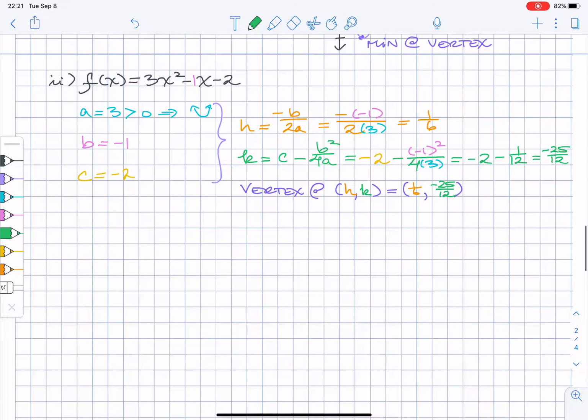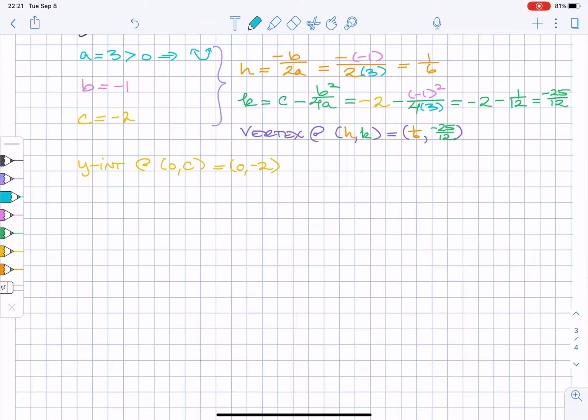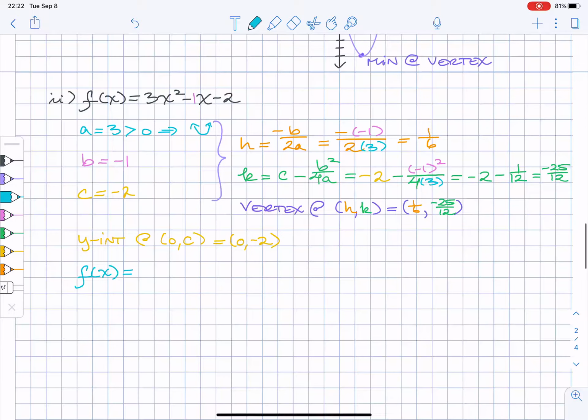Okay, so where's my y-intercept? Well, my y-intercept will be at 0 comma c, which is 0 comma -2. And my x-intercepts I need to factor. So we have that f of x is equal to 3x squared minus x minus 2.